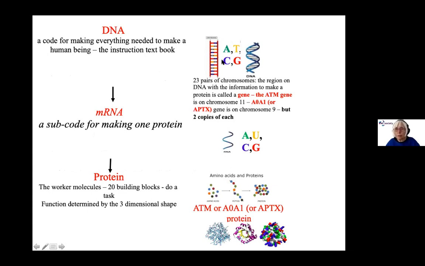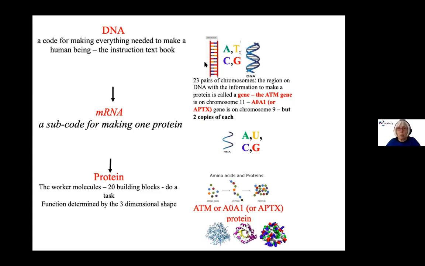It's got these 4 building blocks, which you can think of in colors or as A, T, C, G. And these 4 building blocks are arranged in a sequence, any sequence, on what we call a backbone, and they can interact with each other. So we get a ladder-like structure. This sequence of our DNA is unique to each individual, each one of us.